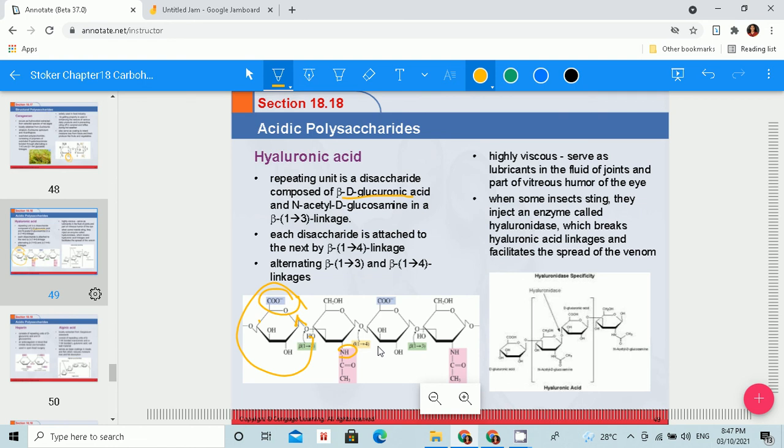Okay, so when we are bitten by a snake, it produces hyaluronidase, an enzyme that hydrolyzes and breaks our hyaluronic acids, and thus increases the spread of the venom.